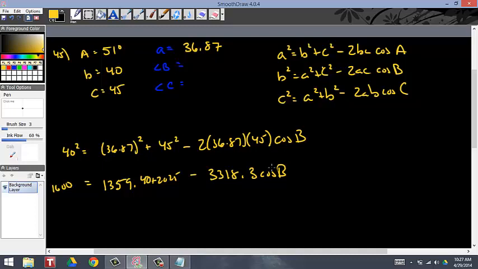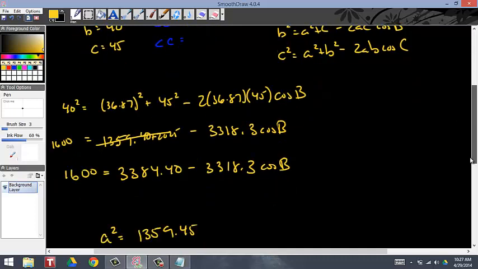Okay, now let's see here. So we're going to do 1359.4 plus 2025. That gives us 3384.40 minus 3318.3 cosine b. And then I have that all equal 1600.